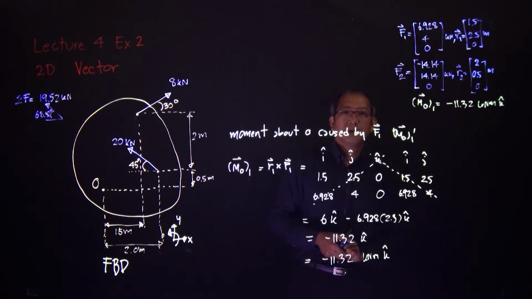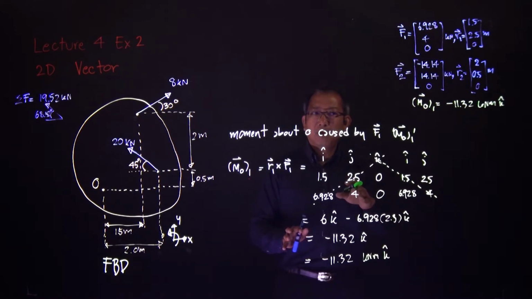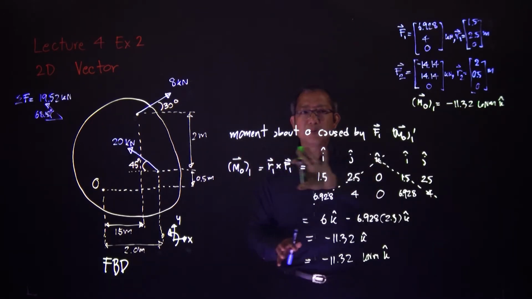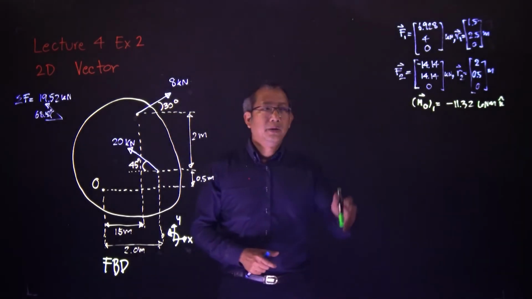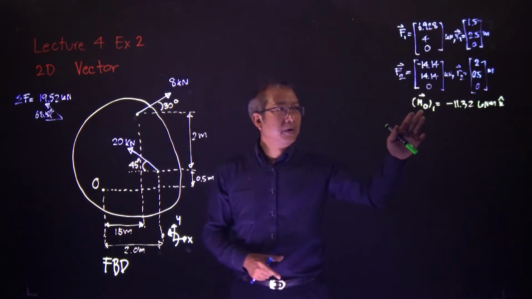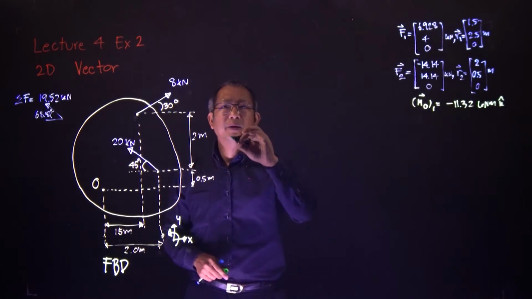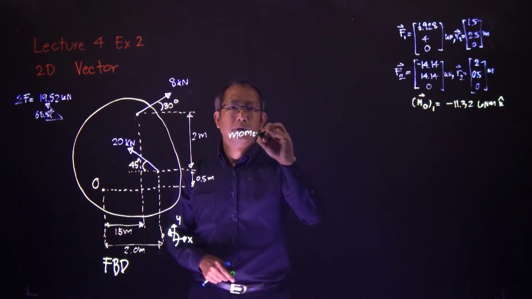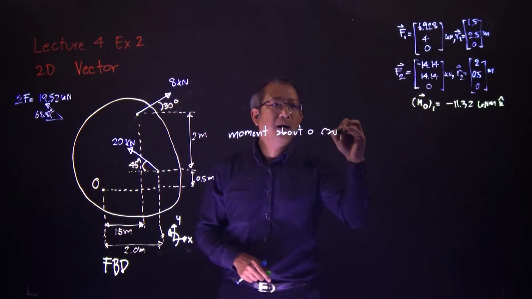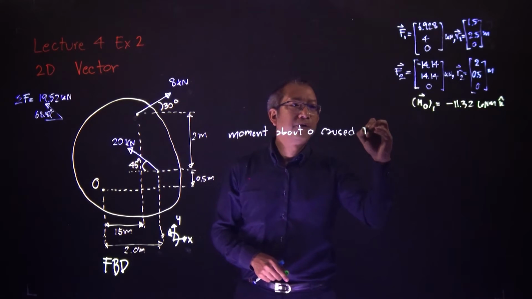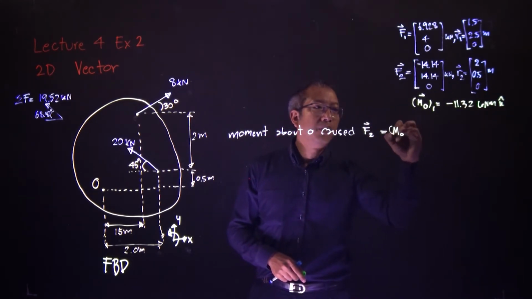Okay, because I will need to calculate the moment caused by F2, and I need this space, so I will remove this one. Now we have the moment about point O caused by F1. We need another one, so the moment about O caused by F2, we will call it MO2.